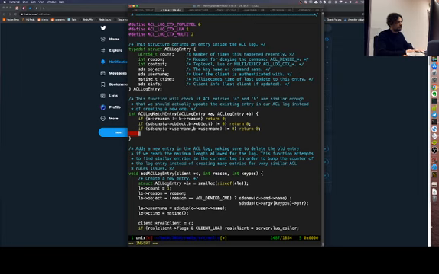We calculate basically the time delta, which is the ctime of A minus the ctime of B. Okay.